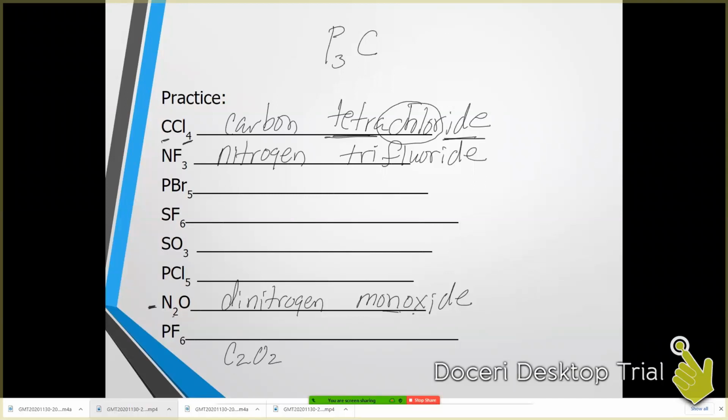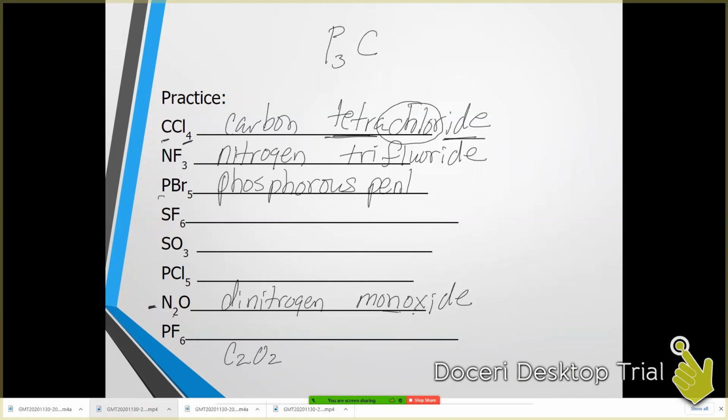All right, let's go over those. So our next one here, just one phosphorus, so no prefix, so that's phosphorus. Second element always has a prefix. So what do we got here? Sorry, I lost my track.